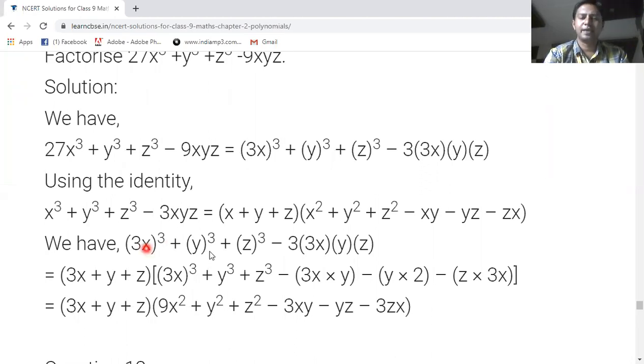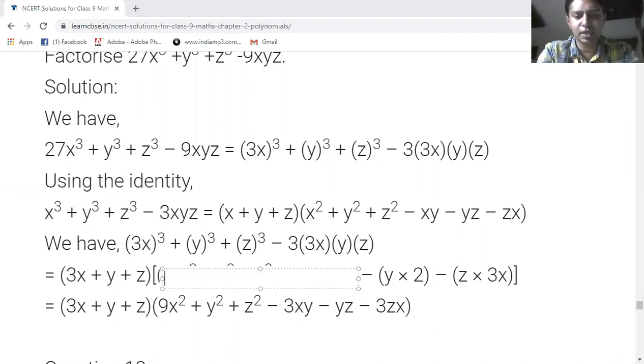Instead of y, we have y. Instead of z, we have z. So the value of x is 3x. Rest all values are the same. So we substitute the values: 3x plus y plus z. This is a square; by mistake, it is typed or printed as cube. It is (3x) square plus y square plus z square.